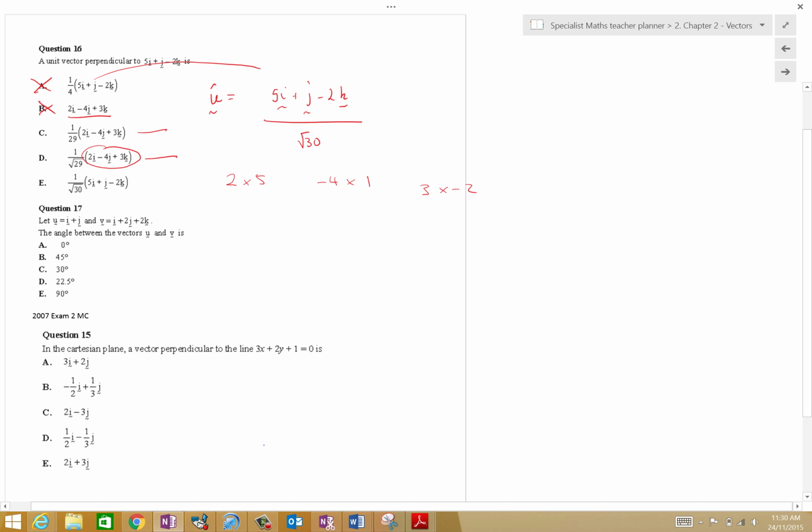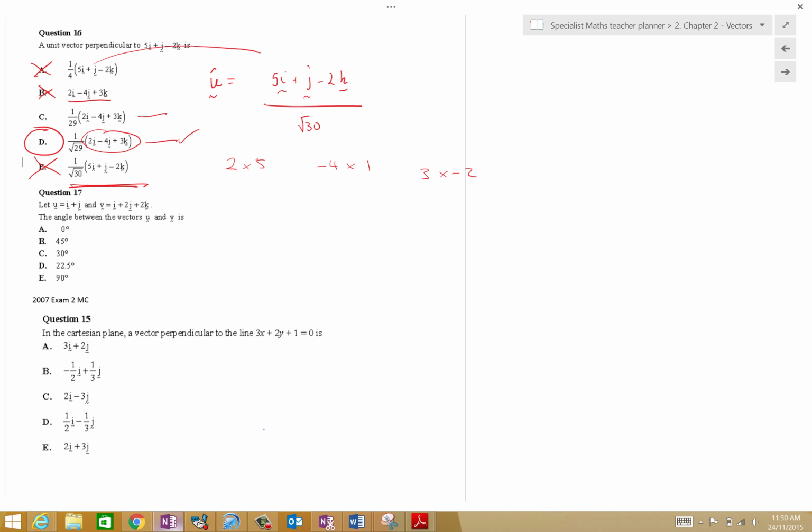So that's going to be 0. So that is perpendicular. What about this one? This is probably to throw you off. Is that perpendicular? No, it's not. So we know it's one of two things. It's C or D. Which one is it though? It has to be D, because D is the only unit vector there, isn't it? Okay, so a bit of a trick one in that one.